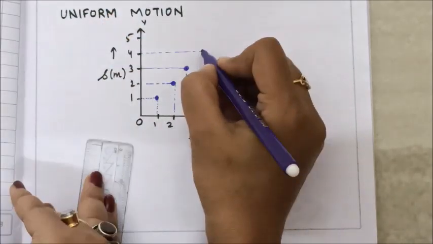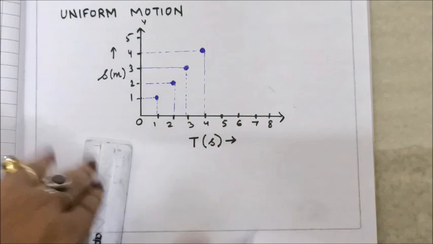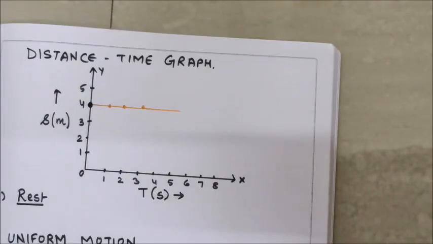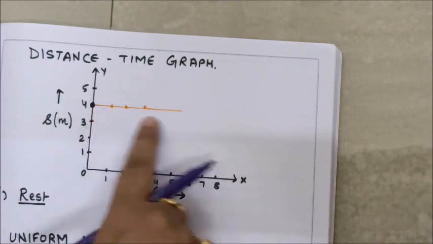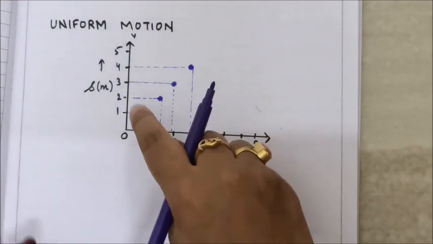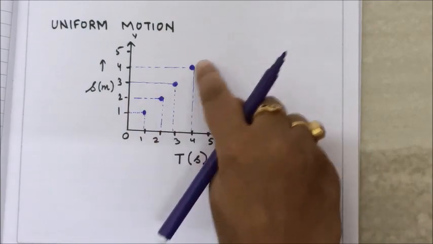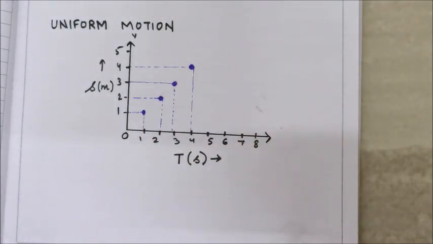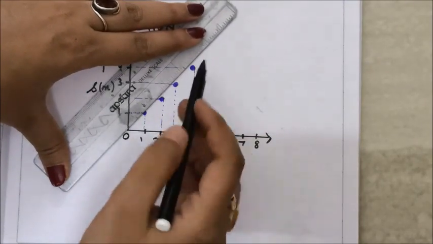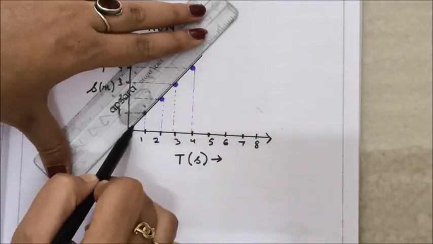Okay. Over here. Now, in your previous graph, we connected the points to get the graph. Similarly, in this one also, we'll connect these dots to get our graph. And if you look closely, we are getting a straight line graph from the origin.